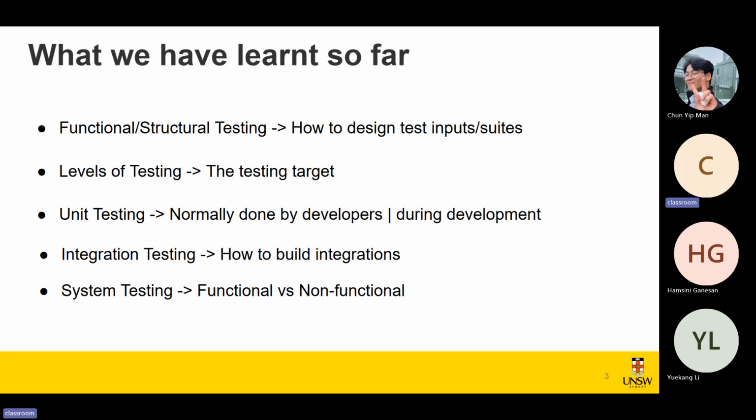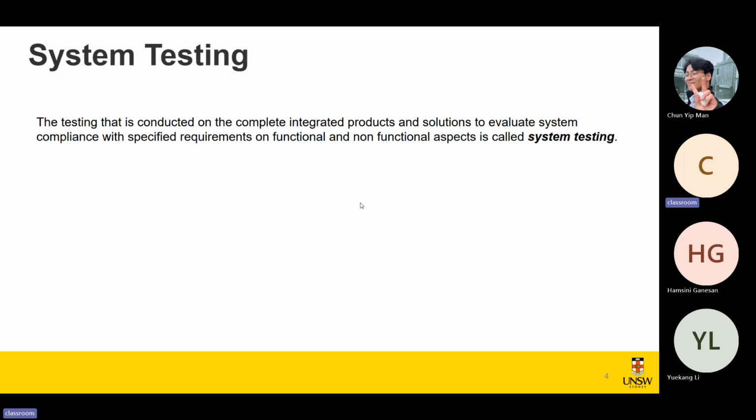System testing could be either functional or non-functional, as we will learn later. So this is roughly our plan. We learned functional and structural testing in week 2 and week 3, and in this week, we learn levels of testing and system testing.